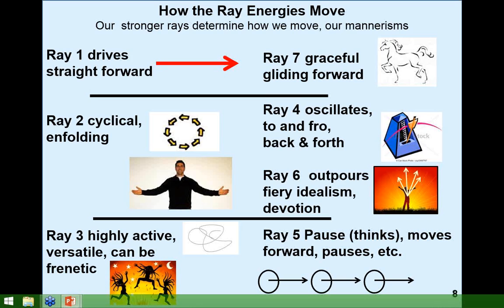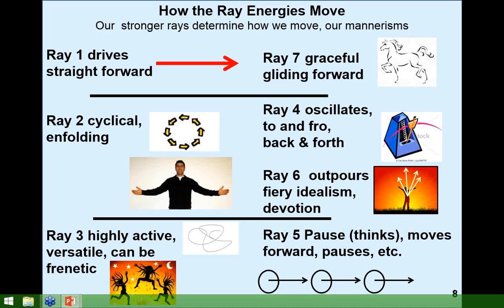So the energy of first ray is forward moving, and it's very fast, like a laser beam. So that's how first ray energy moves. If we're looking at its lower aspect, which is ray 7, then it moves in a forward direction, but it's a graceful gliding forward.